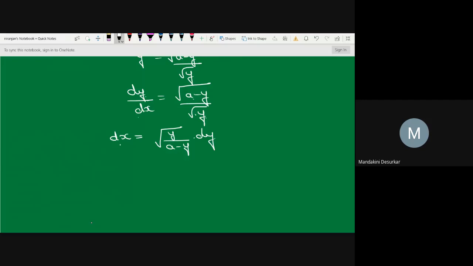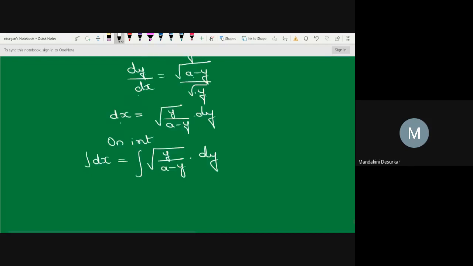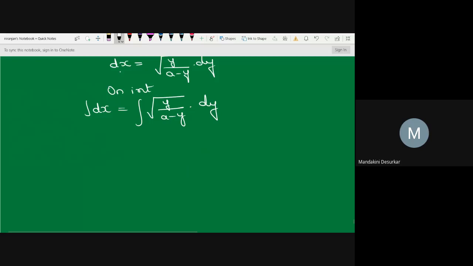Now, when I'm integrating, it is integration of dx equals integration of root of y divided by a minus y into dy. Now, the right hand side cannot be integrated. We don't have any formula. Instead, can anyone tell me what should be the substitution for this? What should be the value of y?